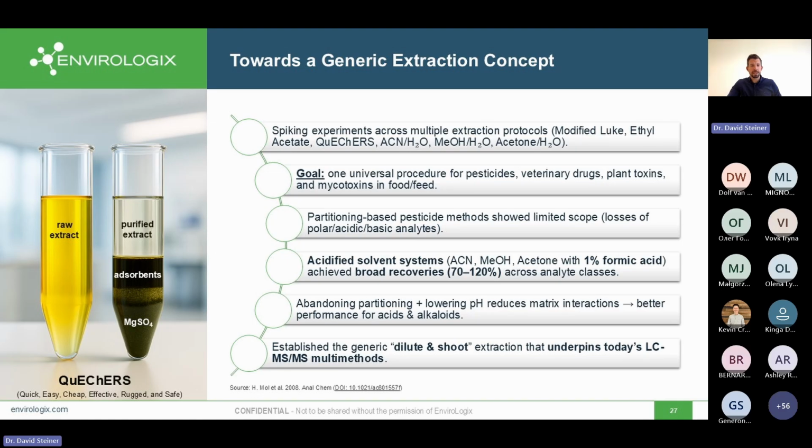It is widely used in the pesticide area, especially as a cleanup tool, so to speak, to remove matrix interferences, but it also adds more complexity to your workflow when you compare it with the even more straightforward and simple dilute and shoot approach.